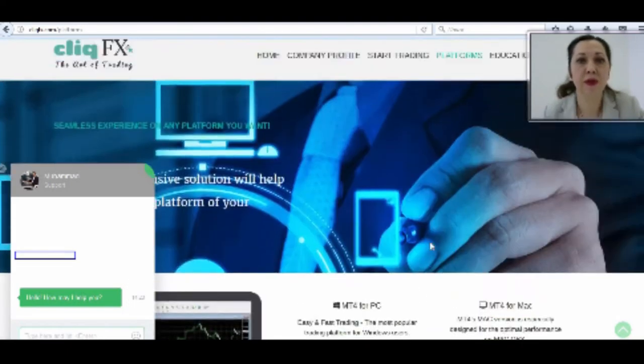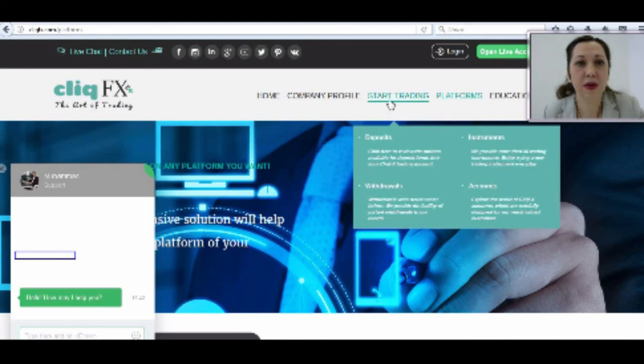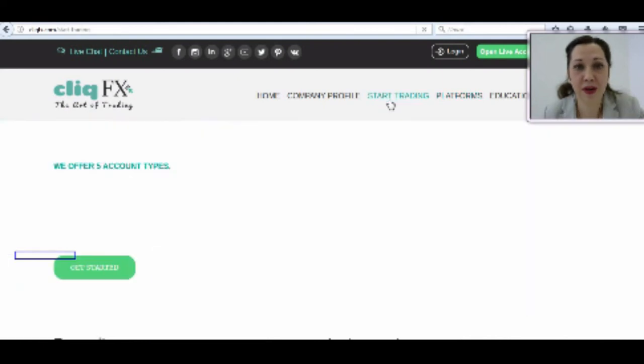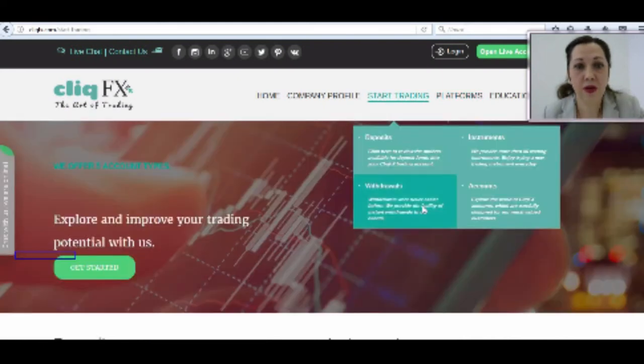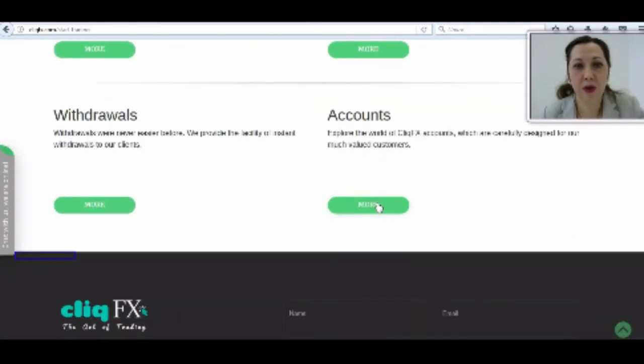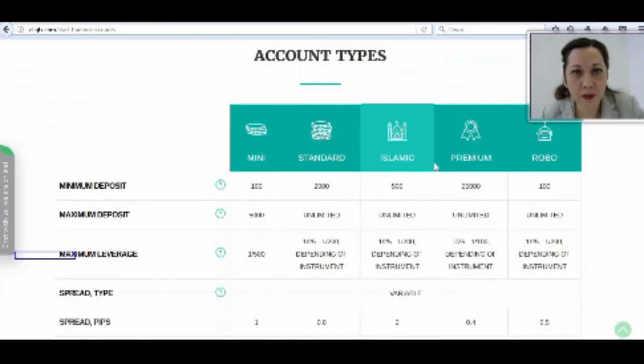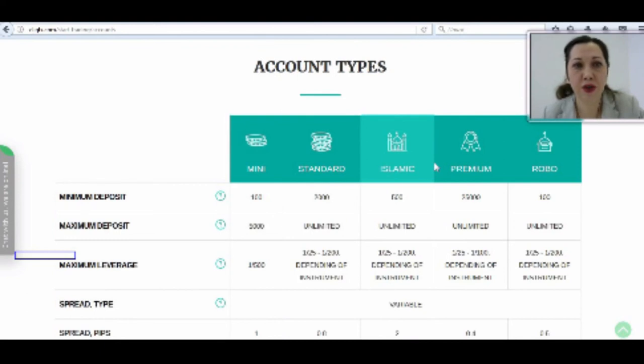Also, what about the new service and the opportunity which is given to you by CLIQ FX? So you go to our site and you click Start Trading. And you see Accounts. What does it mean? Click More. CLIQ FX company has different types of accounts that make it possible for you to trade with robots.